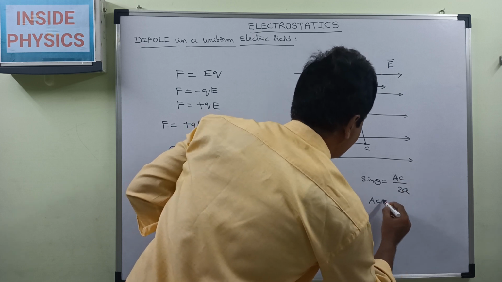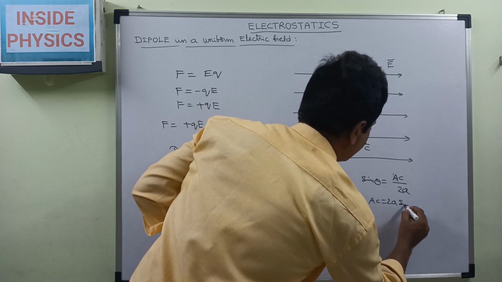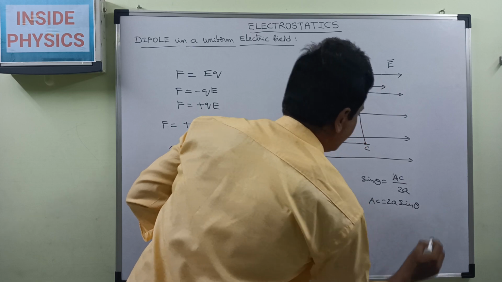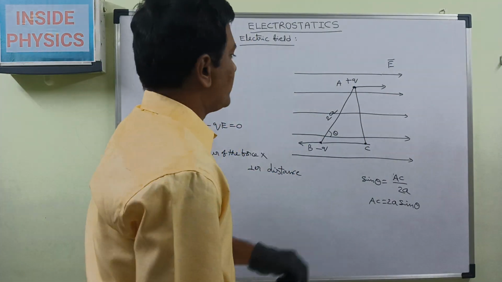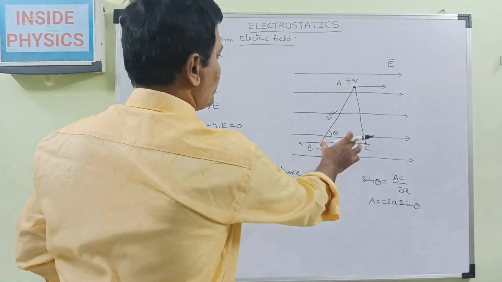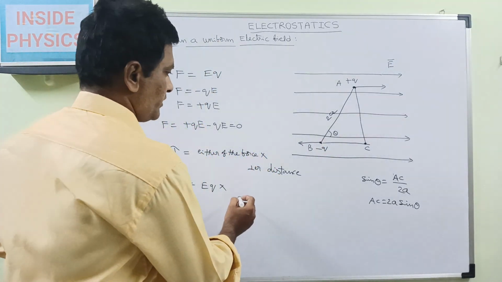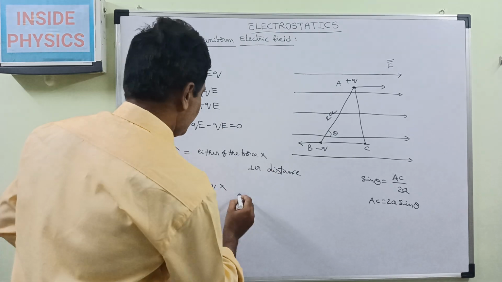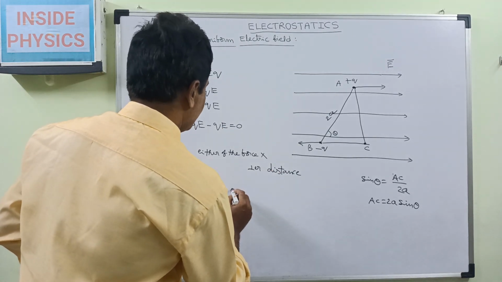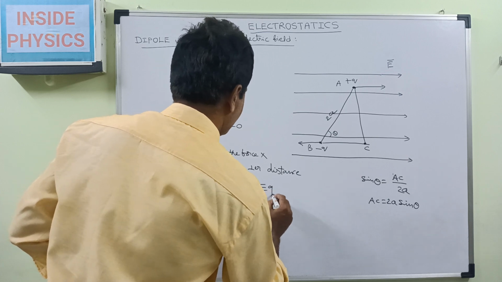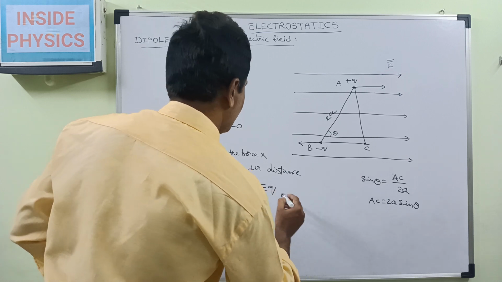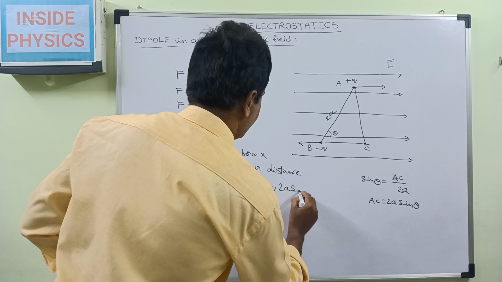Here AC is equal to 2a sine theta. So the perpendicular distance will be 2a sine theta, according to the property of the triangle. So the couple is EQ into AC, which is EQ into 2a sine theta.